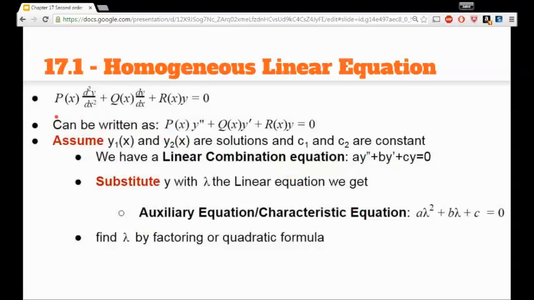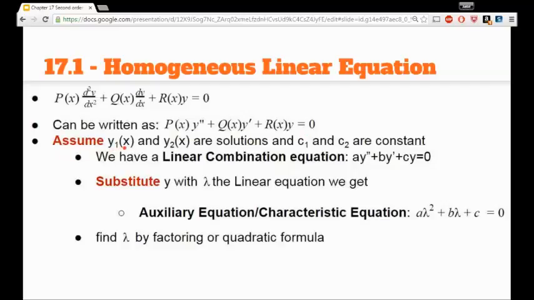So we can start with the general equation of a second order differential equation, and we set it equal to 0. This means this is a homogeneous linear equation. We can rewrite it as a y double prime, b y prime, and c y.